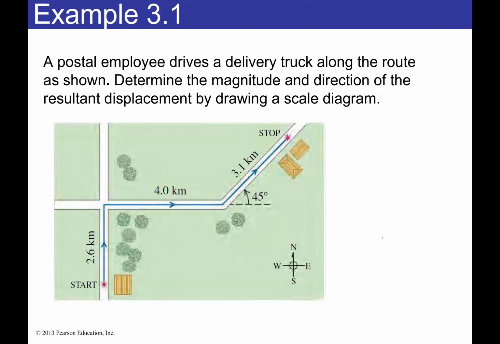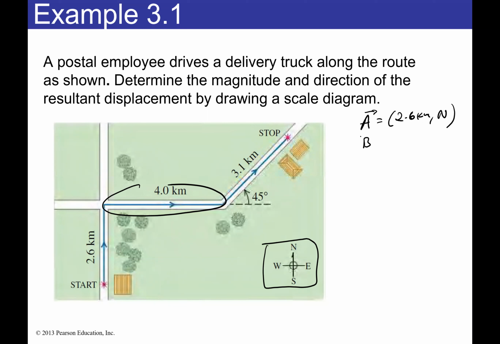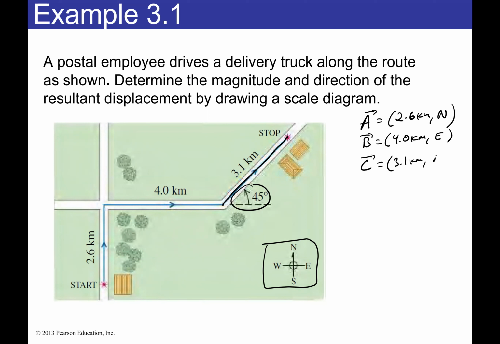Let's say here's vector A, which is 2.6 kilometers north. Then 4 kilometers east, so here's vector B. Then we go 3.1 kilometers northeast, so here's vector C, north of east.